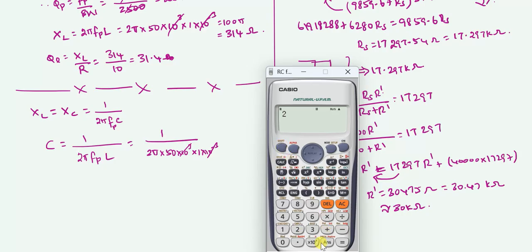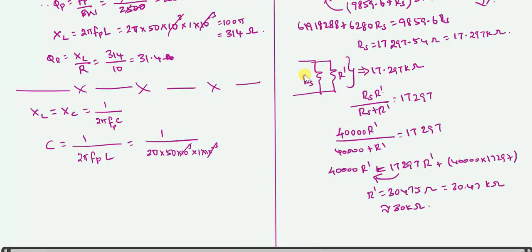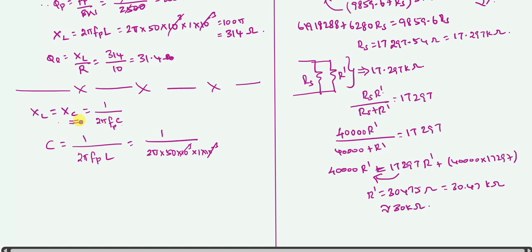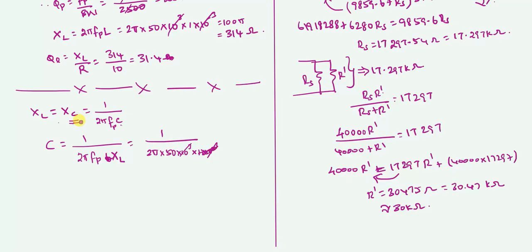Okay, so I made a mistake here. Actually here XL is equal to XC, where XC is equal to 1 divided by 2 pi fp into C. So if I take C outside, XL is present, not L. So instead of 1 into 10 to the power of minus 3, the value of XL we find is around 314.